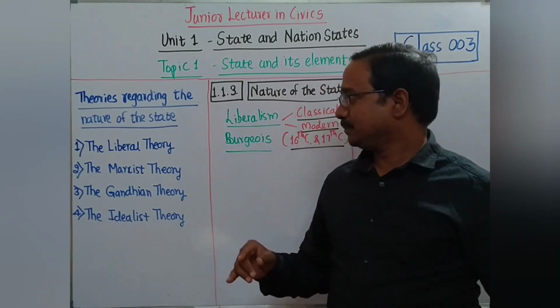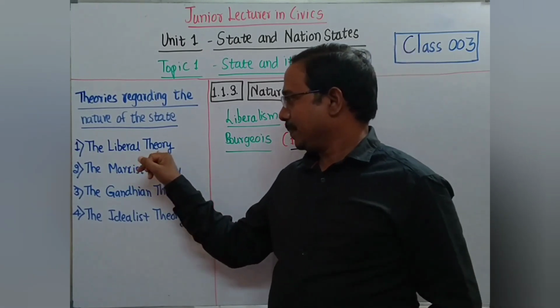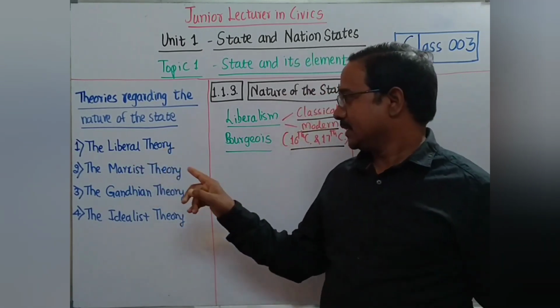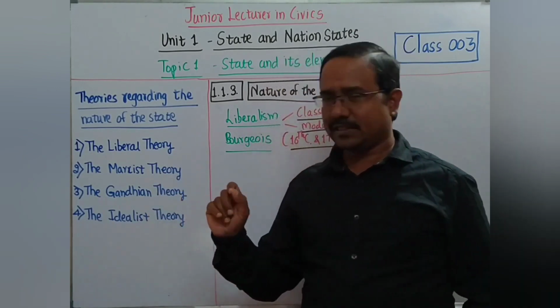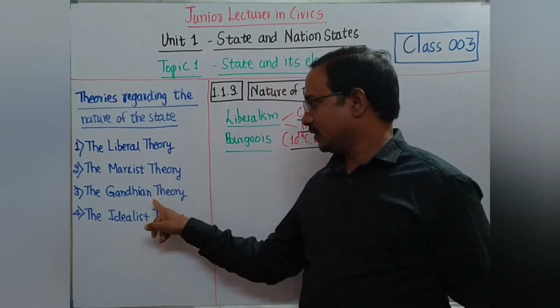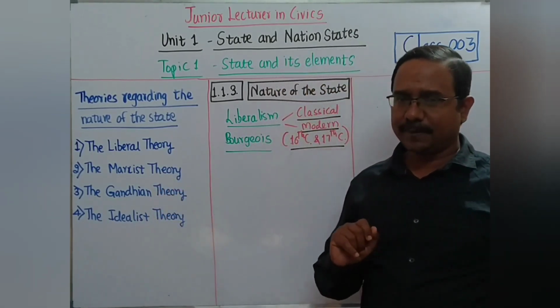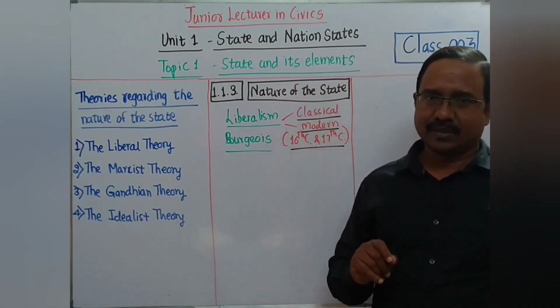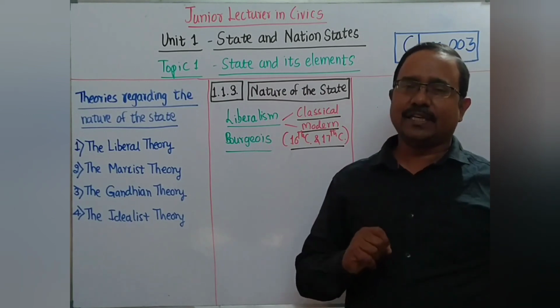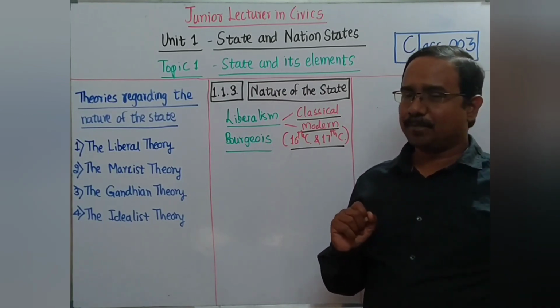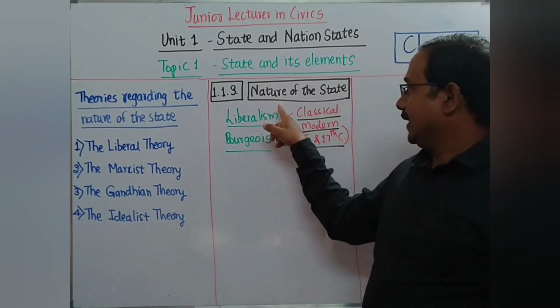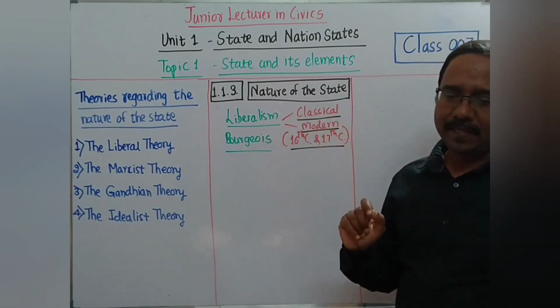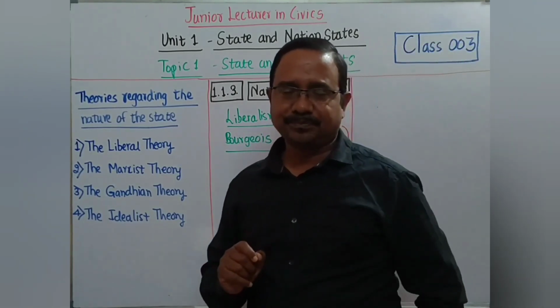The first one is the liberal theory, second one is the Marxist theory, third one is the Gandhian theory, fourth one is the idealist theory. Presently, we will discuss the liberal theory. What is the liberal theory?